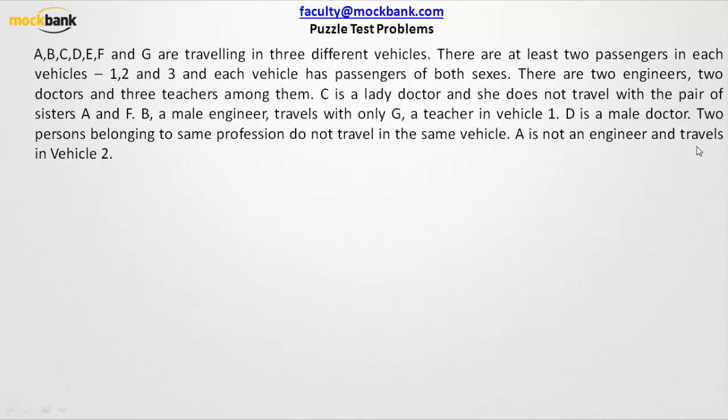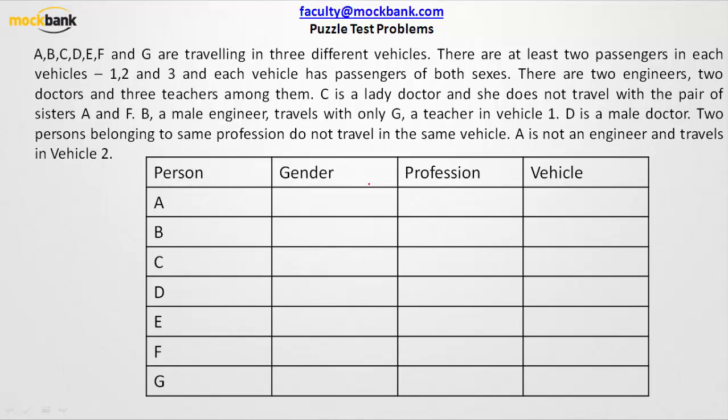It also says that A is not an engineer and travels in vehicle 2. So let us write our information systematically, the way we have been doing it. Now we know for sure that there are 4 variables: person, gender, profession and vehicle.